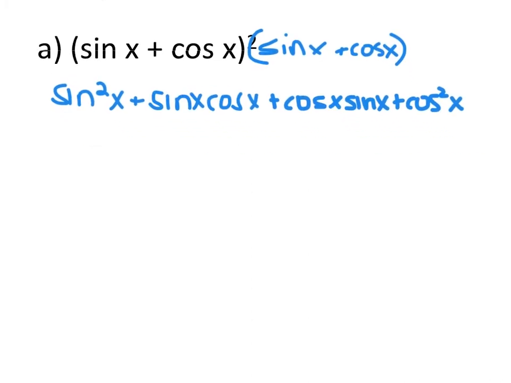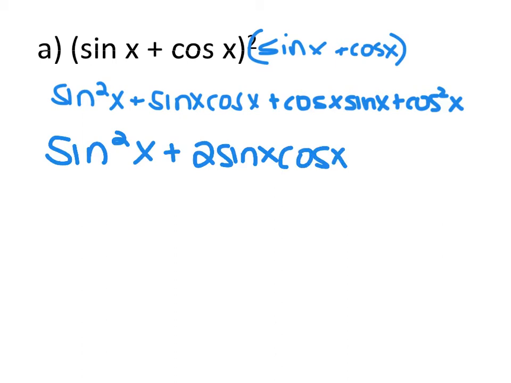Okay, so I'm here by expanding. What can I do with this? Combine like terms. So sine cosine is the same thing as cosine sine, right? The order doesn't matter, that's multiplication. So I could say that this is sine squared x plus 2 sine x cosine x plus cosine squared x. Now what?